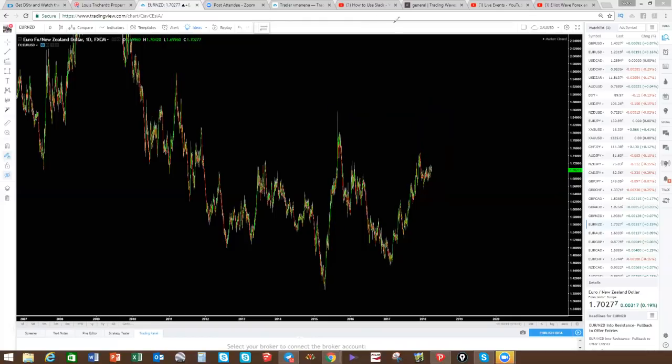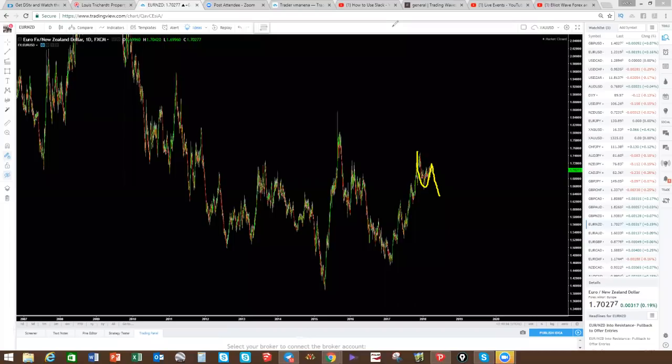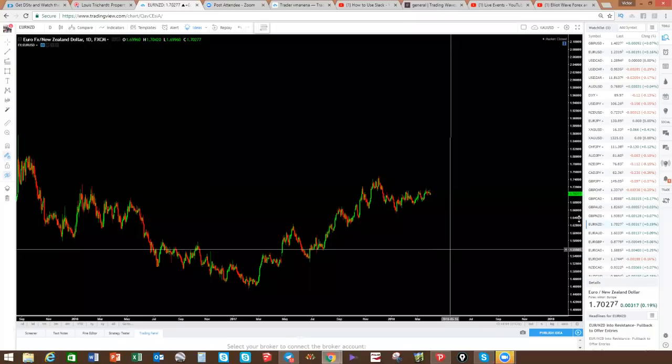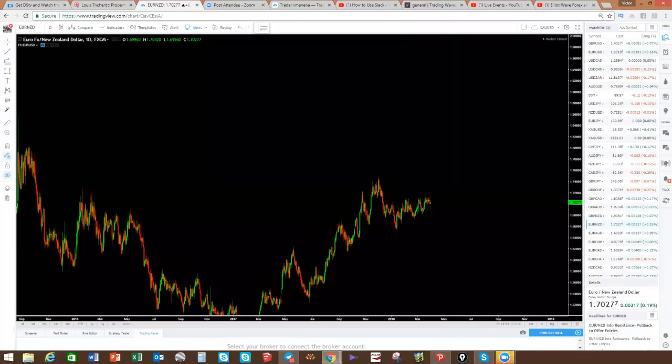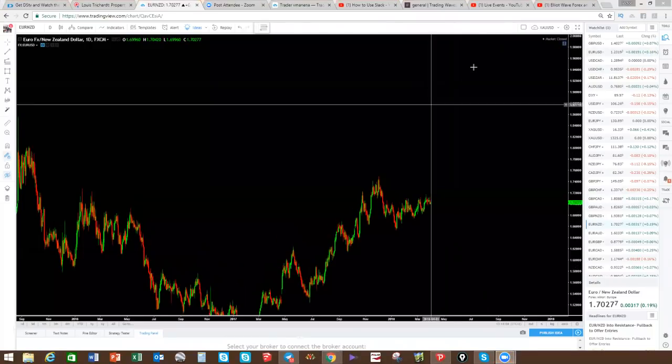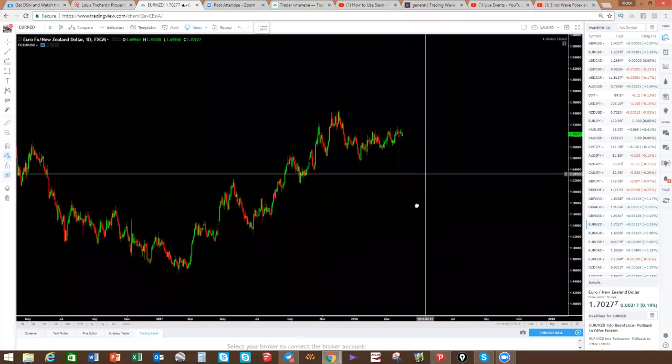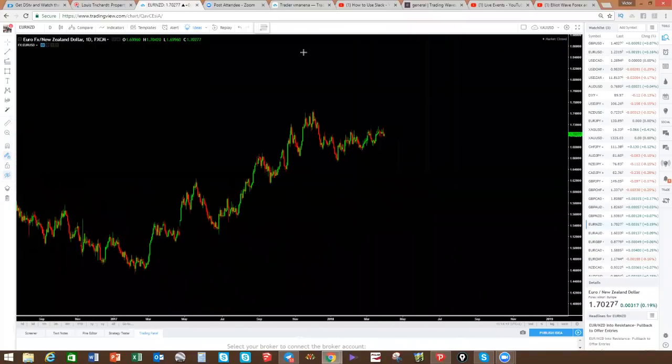So any corrective structure that is completed here, you take it to the upside. But if we've got short-term moves to the downside, we'll take them. I'm going to go to the 4-hour.